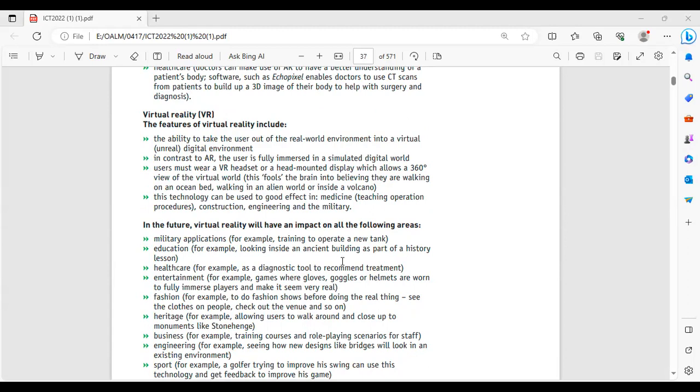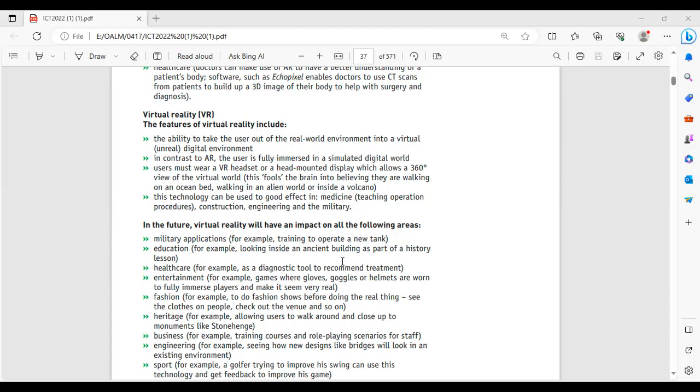Have you seen a 3D movie? Yes, sir. This is an example of virtual reality. So you wear glasses, okay? And I think you must have seen VR headsets. Yes, sir. It looks like a realistic experience, and you think you are part of that environment, okay?